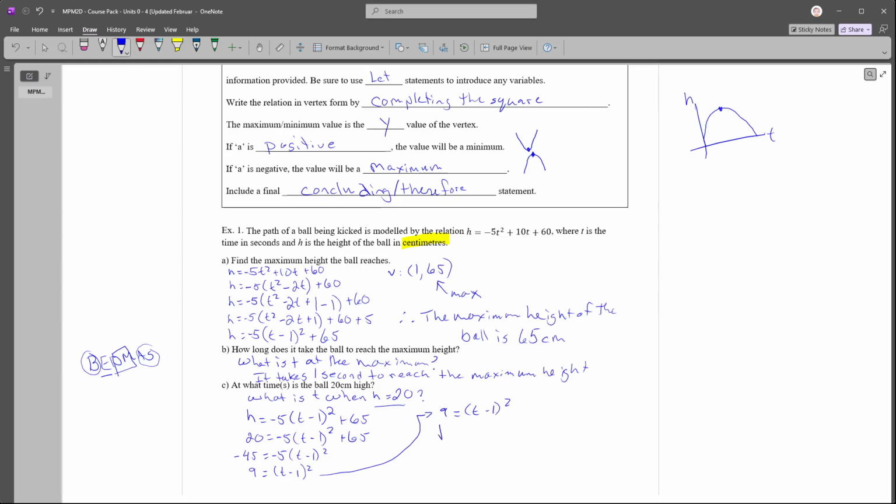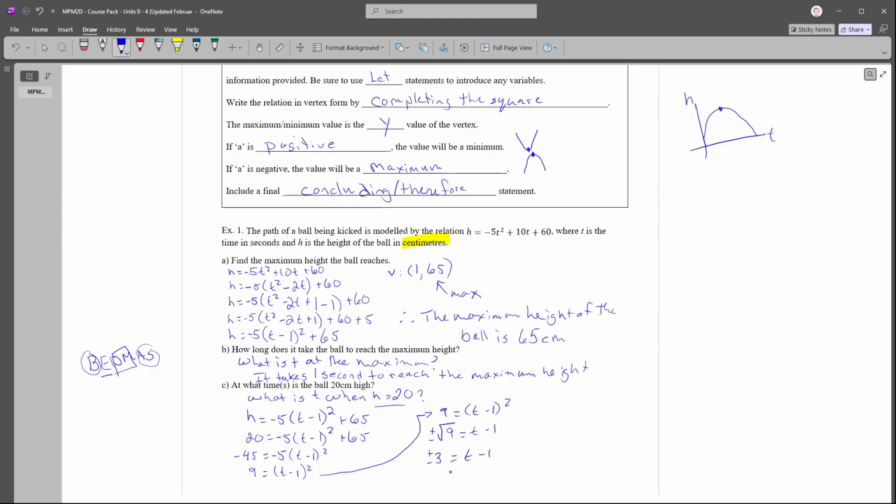So it's plus or minus the square root of 9, because 3 squared is 9, and minus 3 squared is also 9. So it actually is both options. We have to handle both situations, and that's going to be equal to t minus 1. So this is plus or minus 3 is equal to t minus 1.